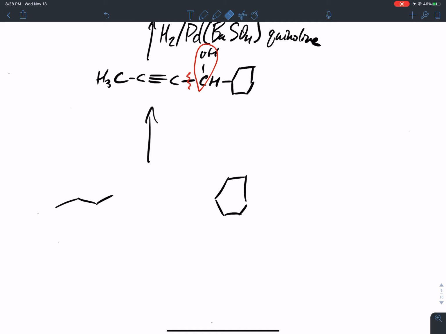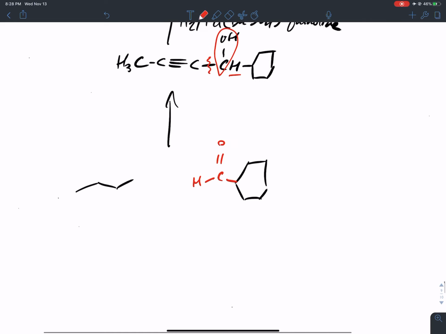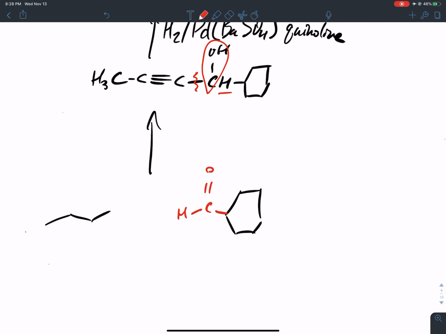I'm going to draw that a little nicer. And see, we have this hydrogen here. That hydrogen didn't go anywhere, so it's going to be an aldehyde. If it were an R group, like say you had another R group coming down here, you would generate a ketone instead.